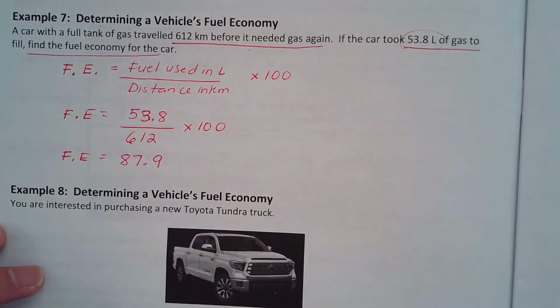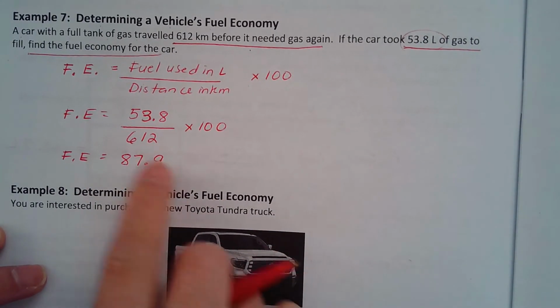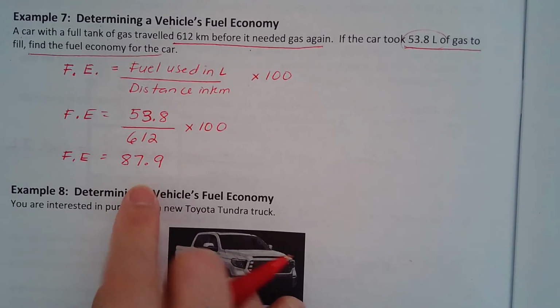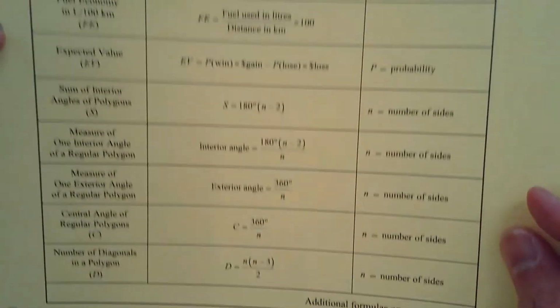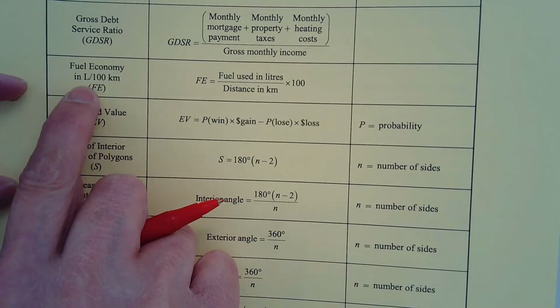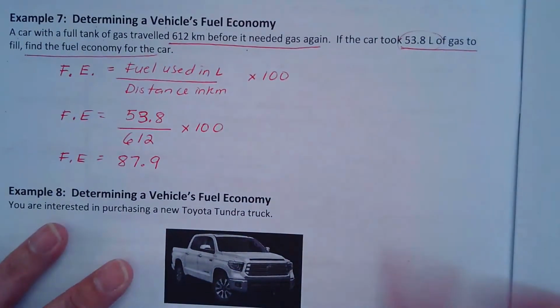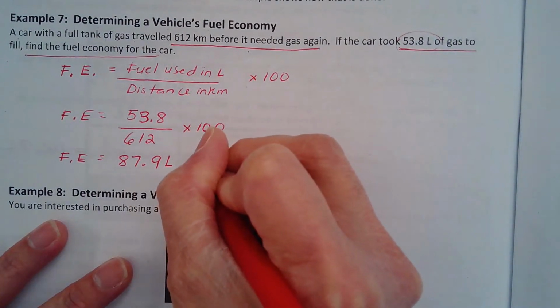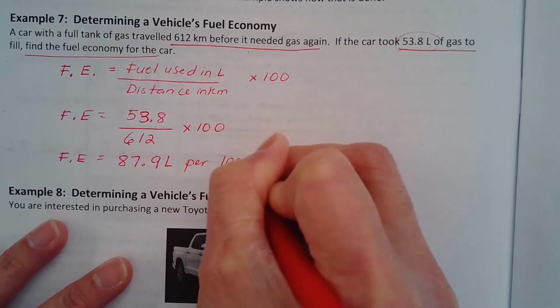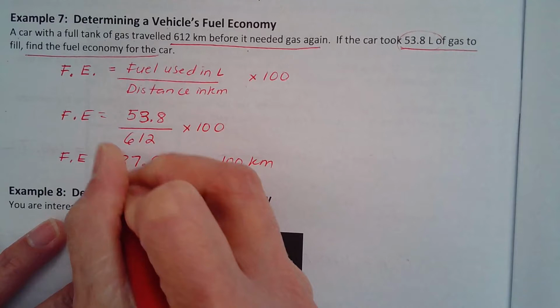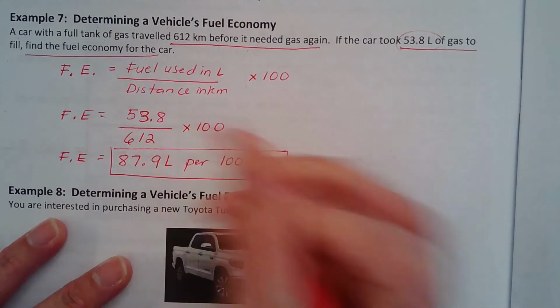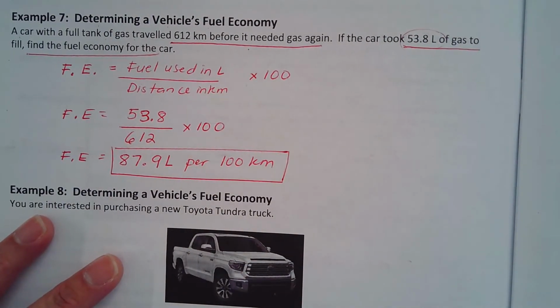Okay, what does a fuel economy look like? Fuel economy is how many liters per 100 kilometers. So that's the unit.